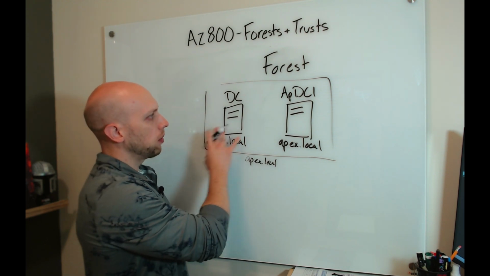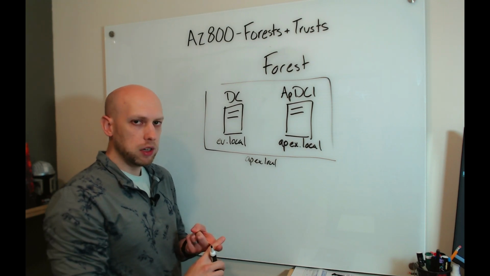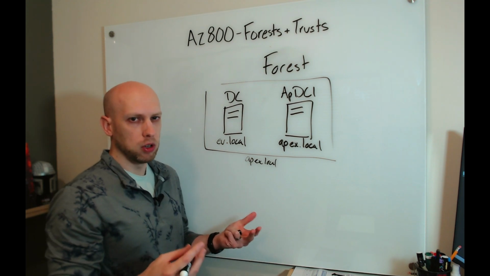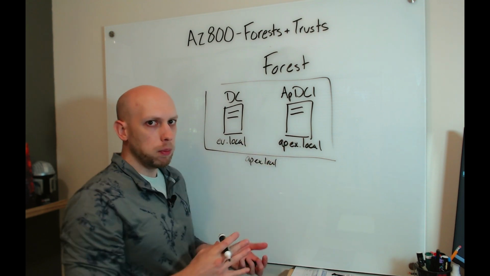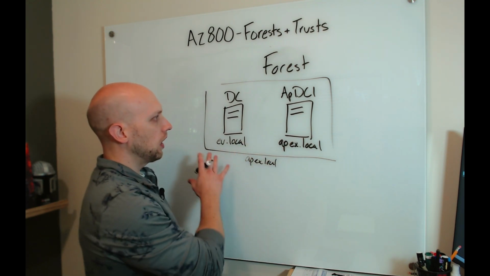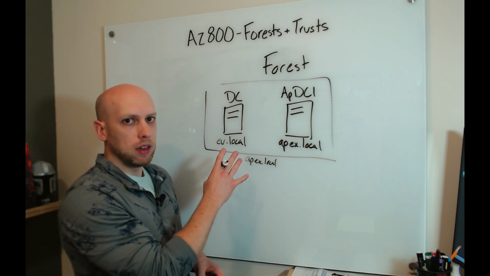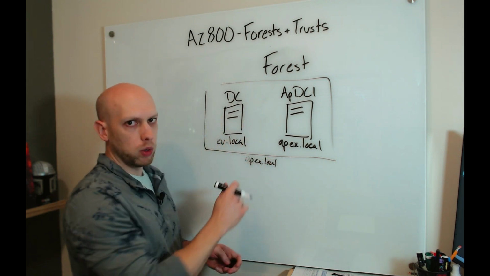And then you still have some of the shared forest resources, which is going to be things like enterprise administrators and schema masters. We'll go over what that looks like first person when we actually get into the lab. But essentially, these are two independent domains that have almost nothing to do with each other. Setting up a tree forest like this is essentially the same thing as having a completely separate domain and forest with a two-way trust. We'll go over what this looks like.